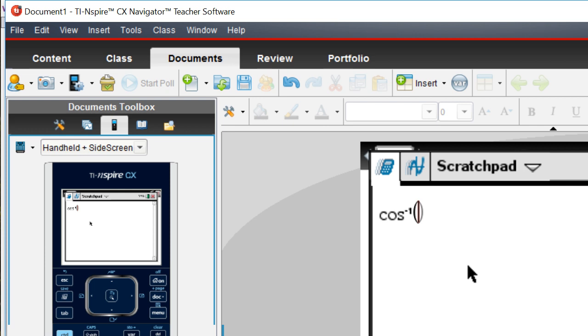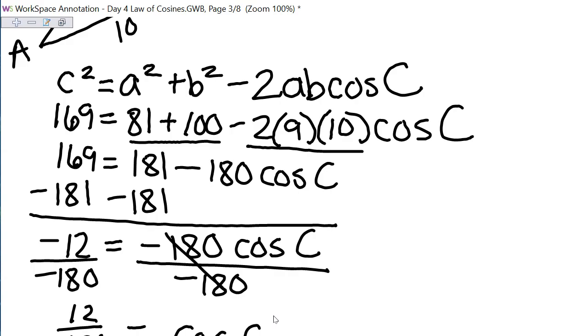So do inverse cosine of 12 over 180. And it's set to round to the nearest whole degree, right? Yes. 86. So angle C is approximately 86 degrees. So let me fill that in up here.